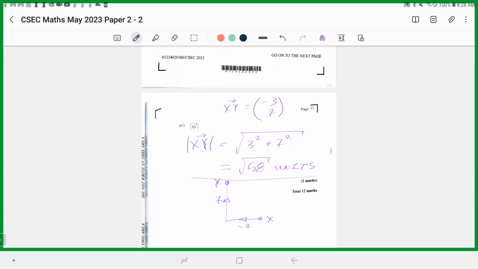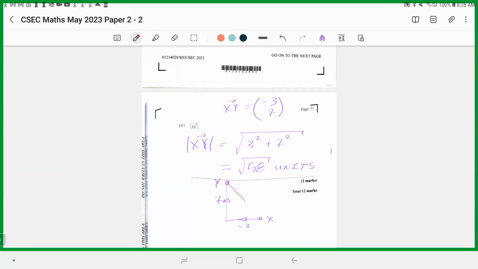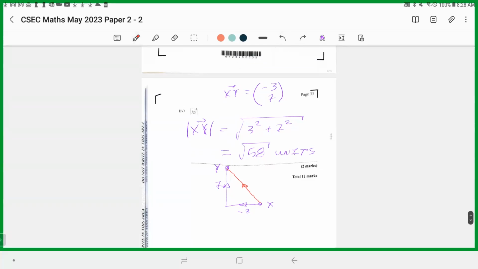The XY vector will be this line that I'm going to draw in red. And this means that you're trying to find the length of this line. That's why it becomes Pythagoras' theorem. Square root of 3 squared plus 7 squared. This length is 3, this length is 7. And that's why we don't have to put the minus in the formula right here.